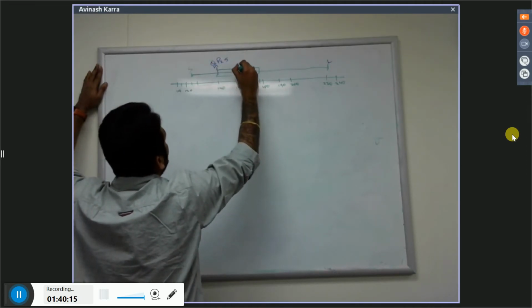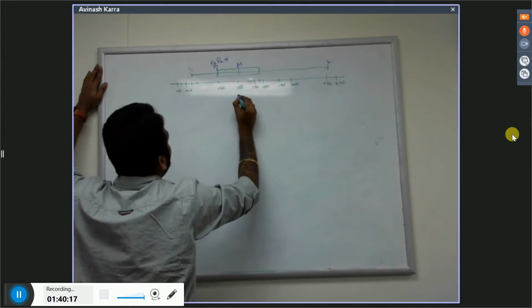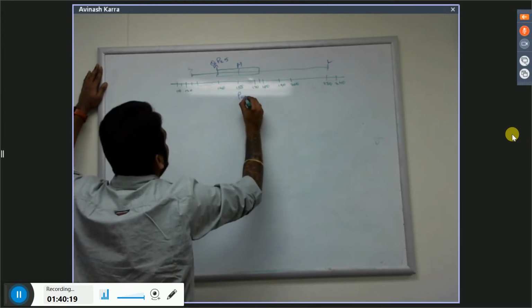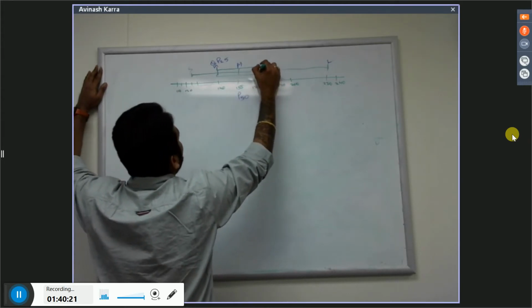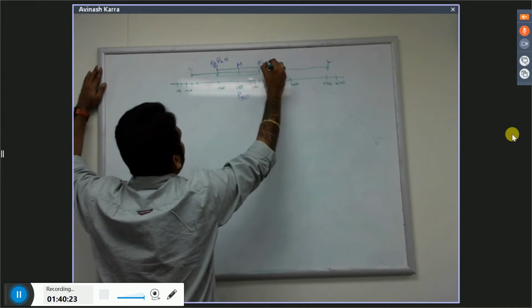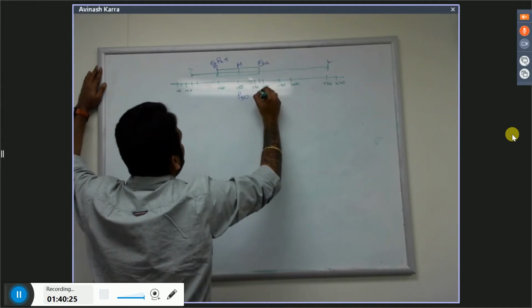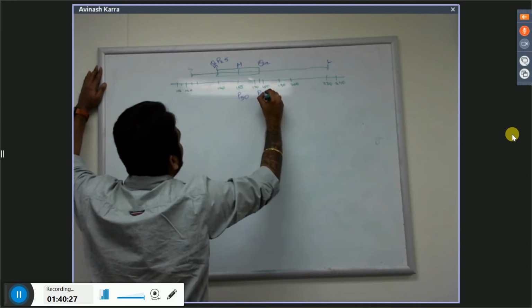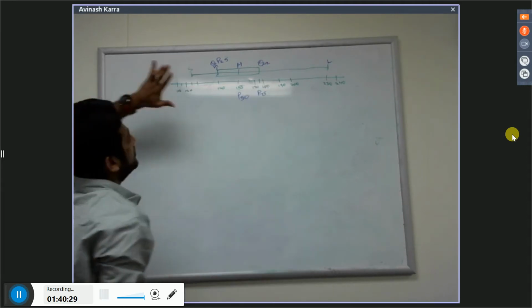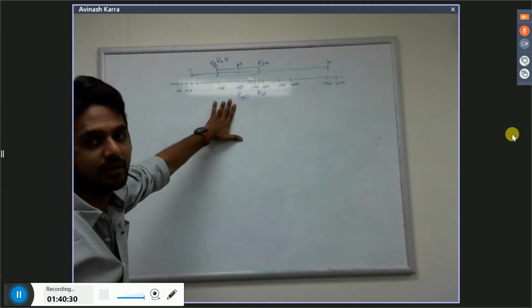This will be the median, which is nothing but P50, and this will be Q2, nothing but P75. These things you need to remember.